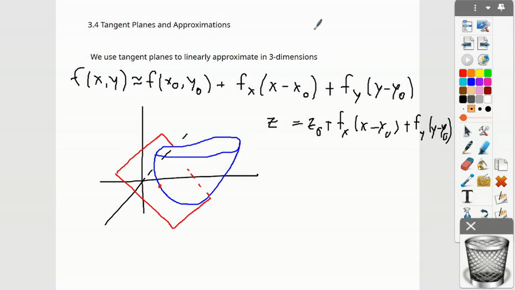However, this formula only works when z is equal to f(x, y), as in the point in the xy plane determines the height that the graph is going to give.